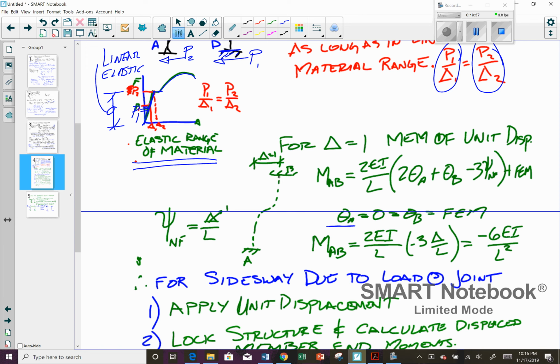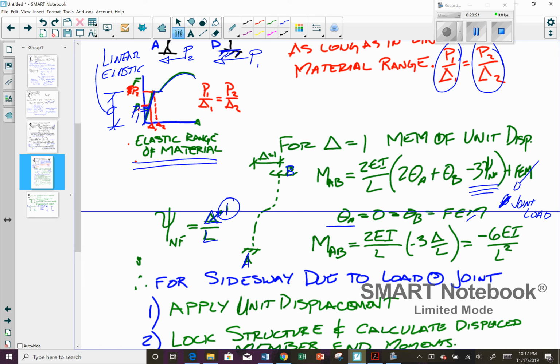So it's going to be equal to 0 here and equal to 0 here, I'm pointing to A and B. Okay, your translation, your relative displacement, is going to be equal to the unit displacement that we have over the length. So in this case, we have delta over L, and delta is just equal to 1. So this is going to be 1 over L, and it's minus 3. Our thetas are equal to 0, and our fixed end moment is equal to 0 as well, because it's a joint load.